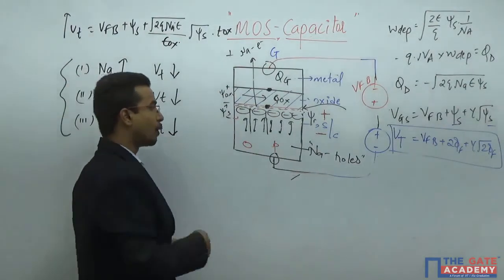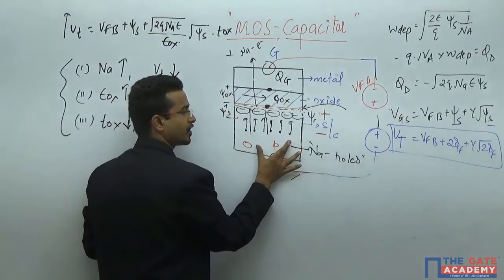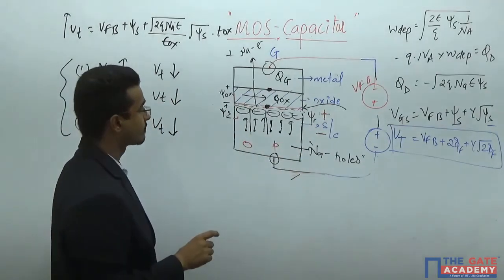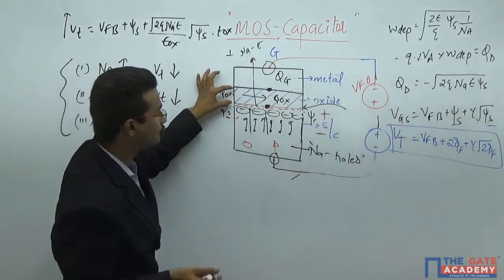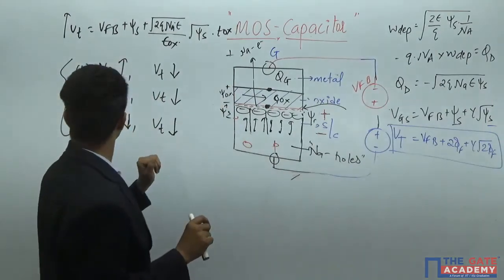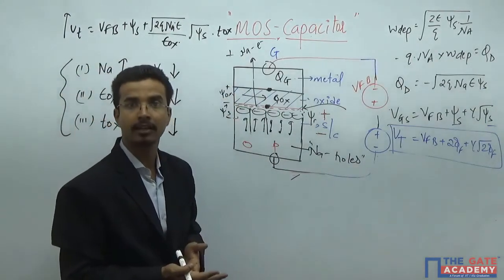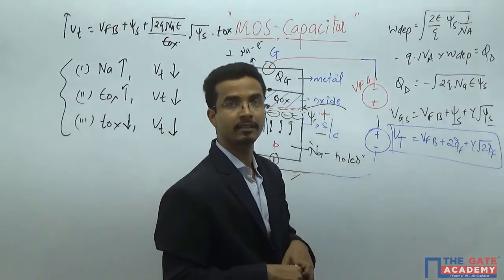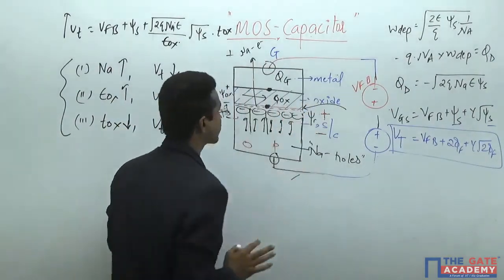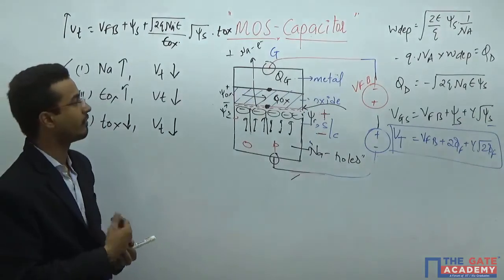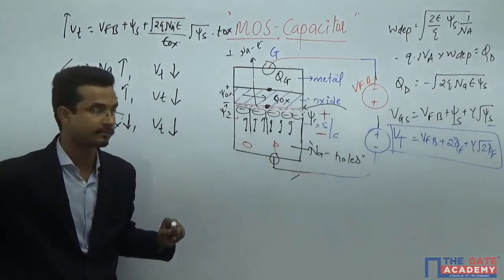That means the doping of this body should be minimum. The oxide thickness should be minimum, as well as you have to use the high K dielectric. These are the important points for the MOS capacitor, and after that we will discuss the capacitances.